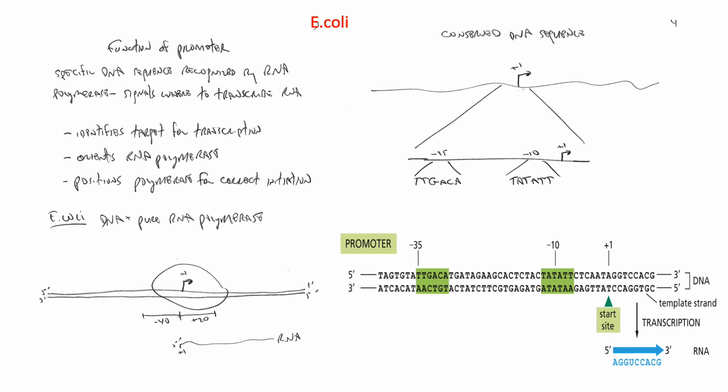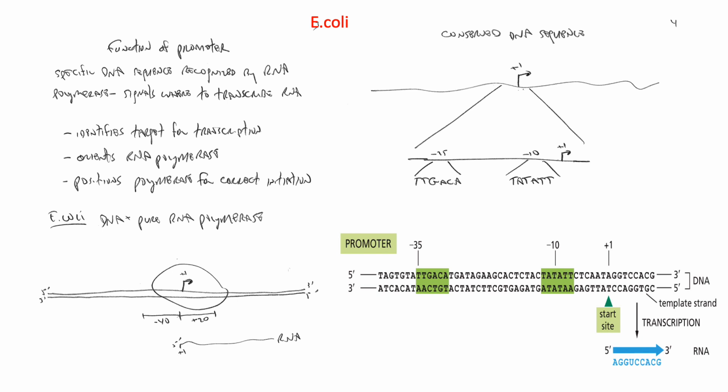So it identifies the target for transcription. If you look at a eukaryotic cell, a human cell, where only 2% encodes proteins, and 98% does not, then there has to be a way for the proteins and mechanisms to identify where that 2% is.